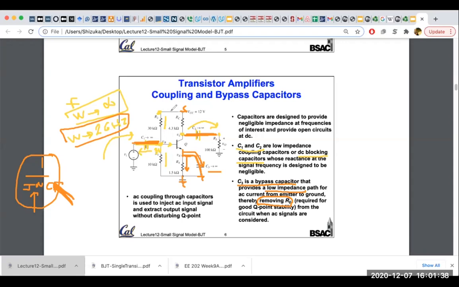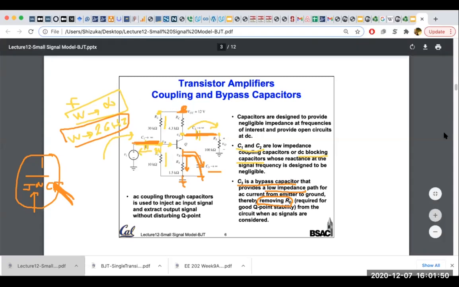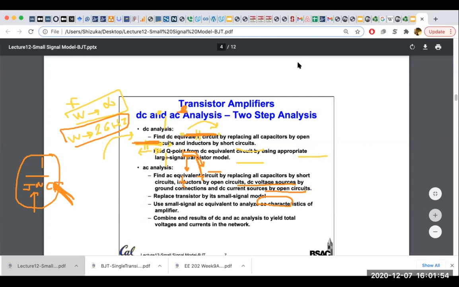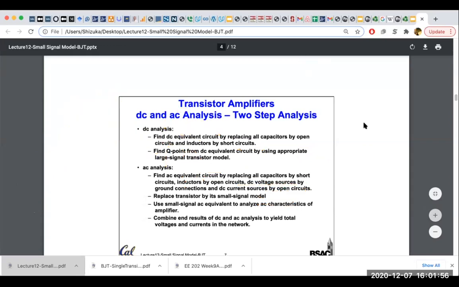You make it open. It's the same logic. You short the DC independent voltage source, and you open the DC current source. So here is a good recipe for that. I will upload this.